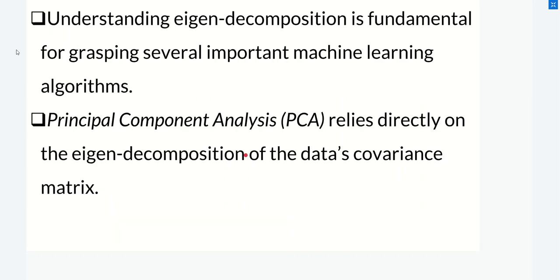All right. So, what are some of the applications of what we just learned today? Understanding eigen decomposition is fundamental for grasping several important machine learning algorithms. Now, some of these things you might not write code for, but in the libraries, when they are doing the computation at the back end, some of these things happen.